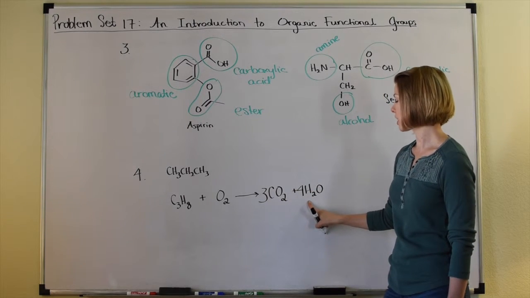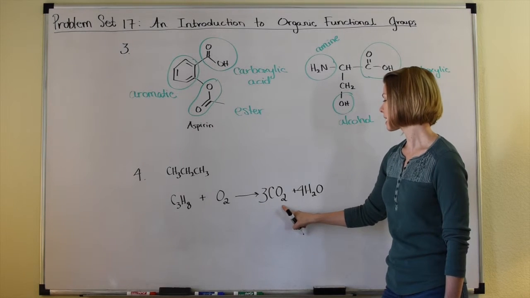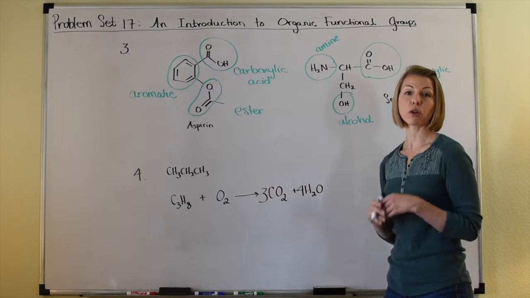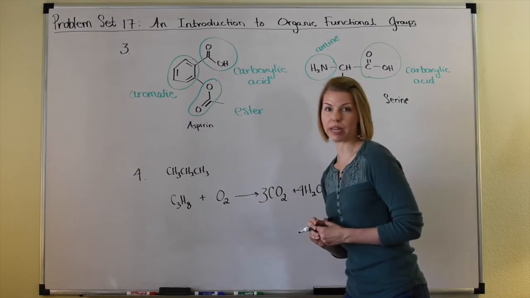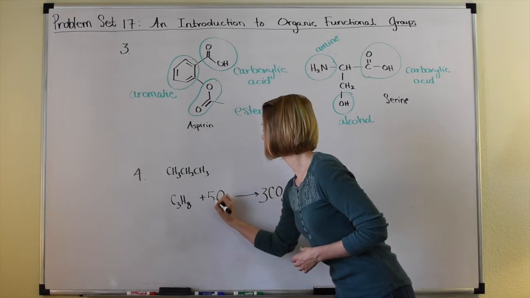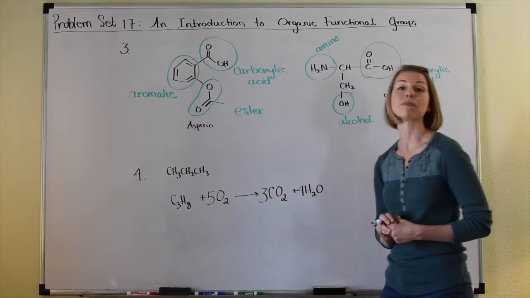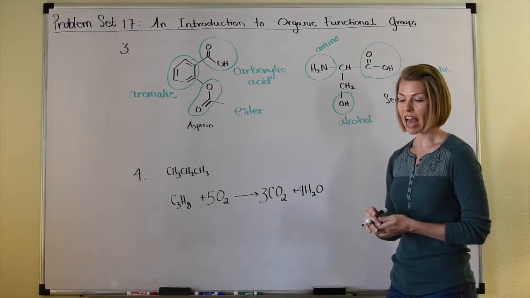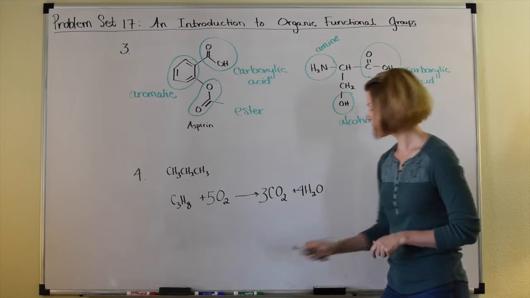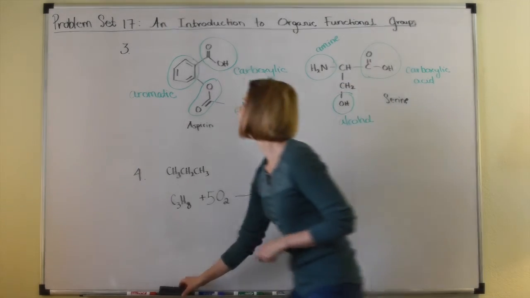Now my oxygen is a total of 6 and 4, or a total of 10 in the product. To make it 10 in the reactant, I need a 5. Because 5 times 2 will give me 10. All right, let's go ahead and erase here and go on to our final problem, number 5.